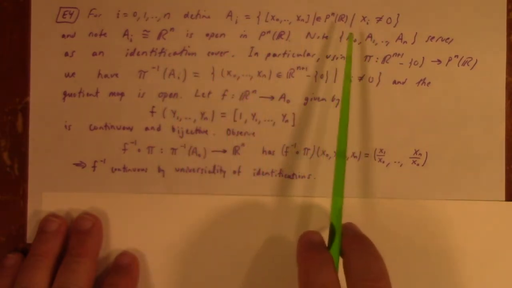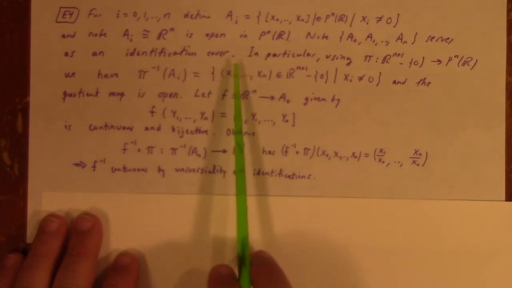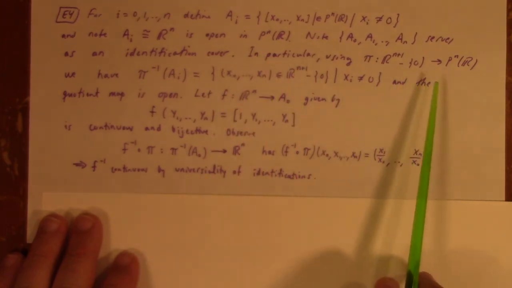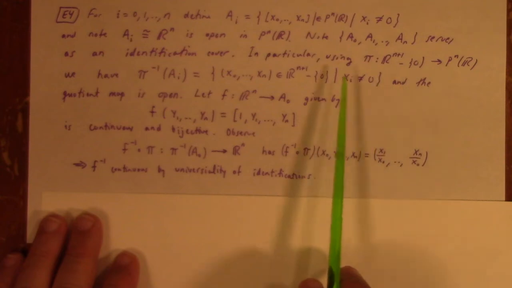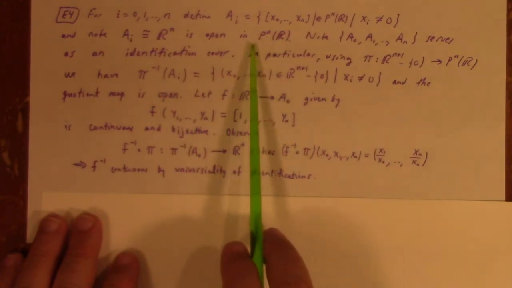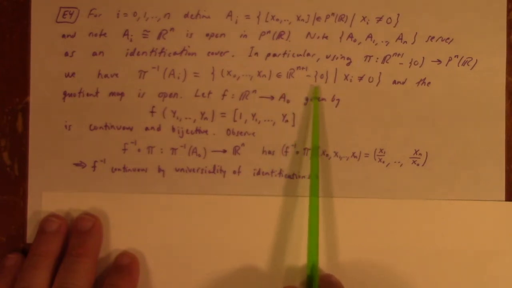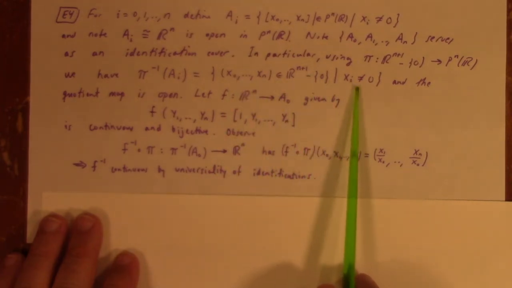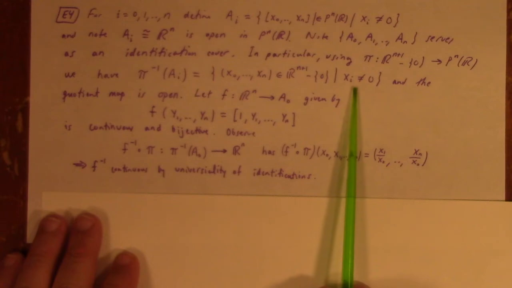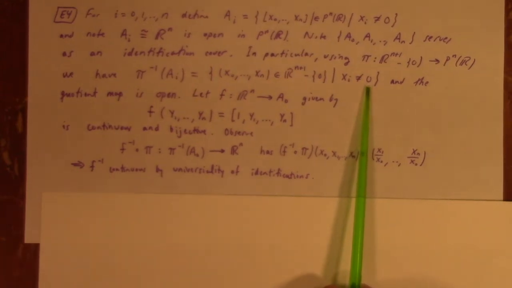That gives you an open cover. And if you look at the projection map, the inverse image of these A's is all points in deleted n plus 1 space that have x sub i not equal to 0, which is fairly clearly open.